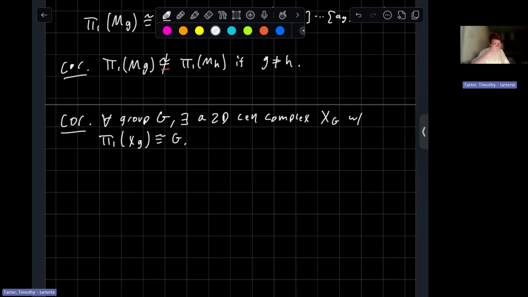16. So that the join of two non-empty spaces. 21.